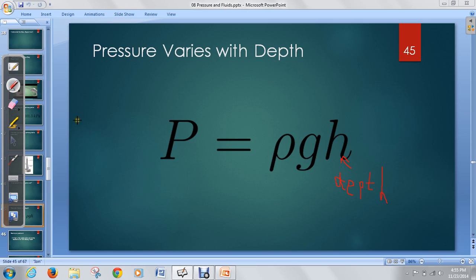So again, the pressure is equal to the density of the fluid times gravitational acceleration times the depth of that fluid. This is for any fluid: air, water, oil, milk, any type of liquid or gas. We can calculate the pressure based on that fluid's density and its depth. So let's look at an example problem really quick.